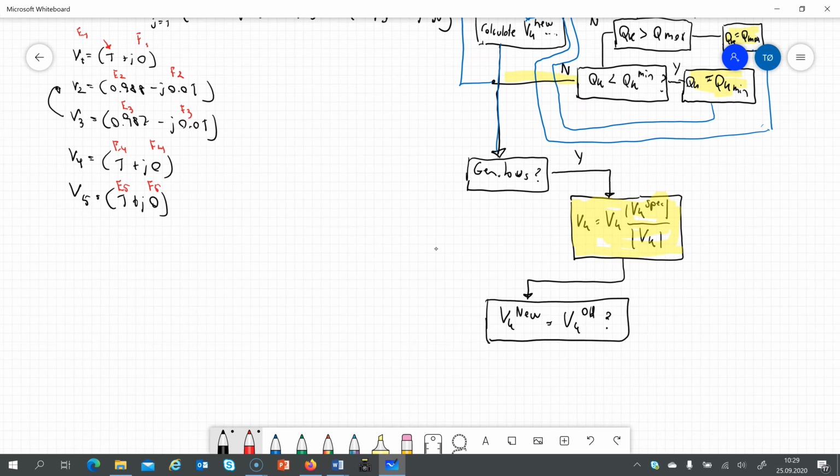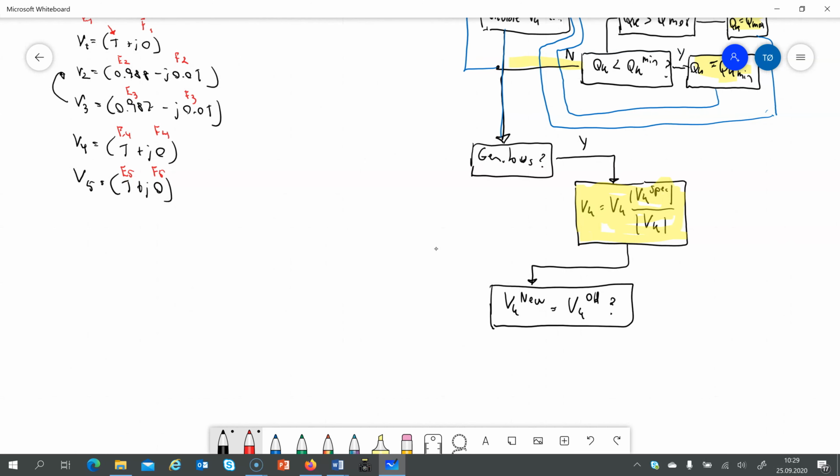So when we now work with the bus bar 4, let's do that. Q4 would be minus E4 sum j equal 1 to 5 of G4j F_j plus B4j E_j.